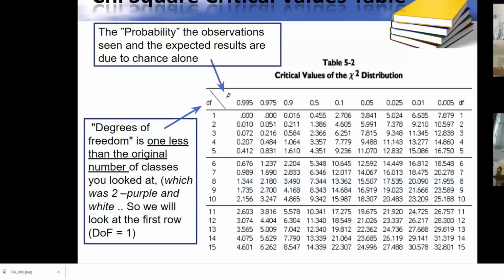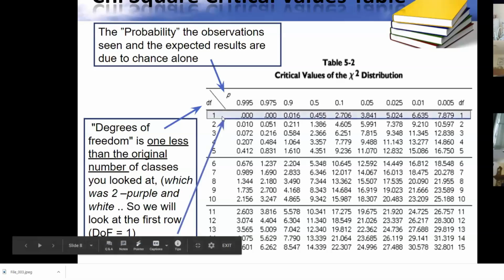Our degree of freedom is 2 minus 1, a degree of freedom of 1. If I had different variations, say I'm counting M&Ms, and they could be red, green, yellow, blue, brown, there's 5. The degree of freedom is variations minus 1, so you would have 4 for your degree of freedom.